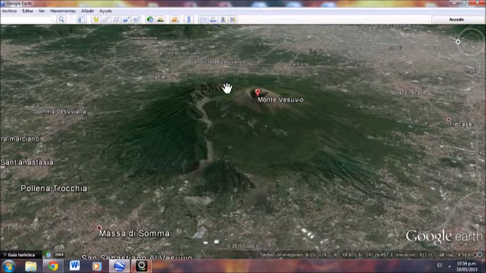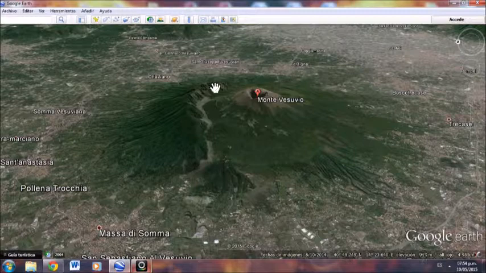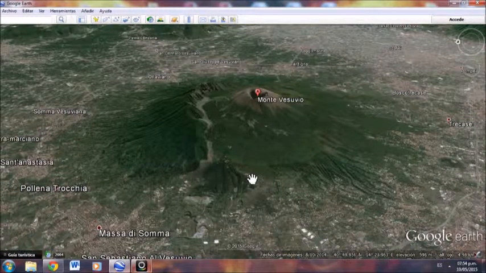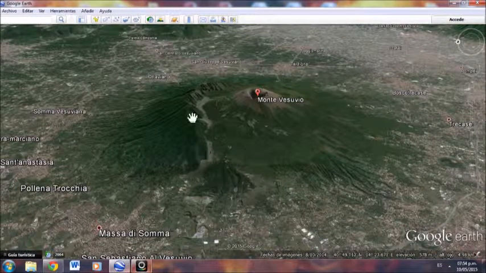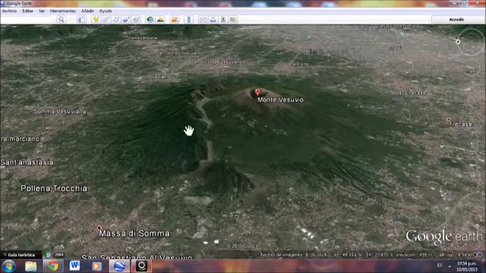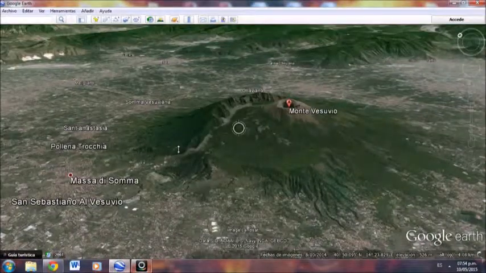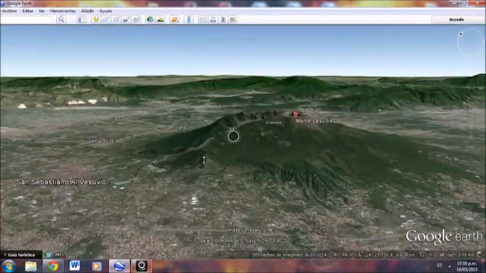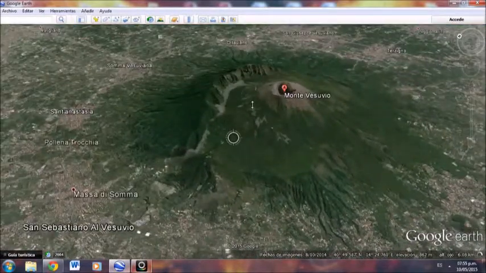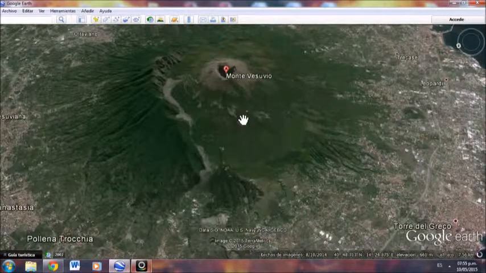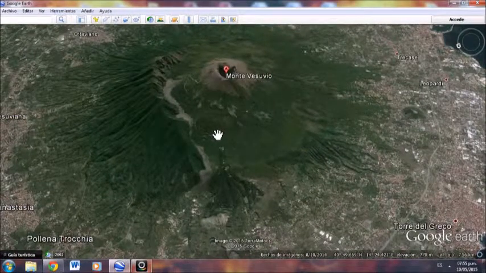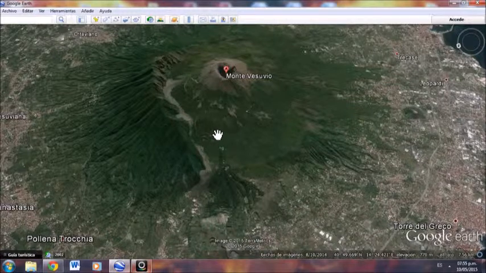if you see here in the surroundings there is some kind of ring, and this ring is the remains of an old eruption that Mount Vesuvius had in the past. This eruption was very energetic, the most energetic of all the categories of volcanoes, and the name of these eruptions are Plinian eruptions.